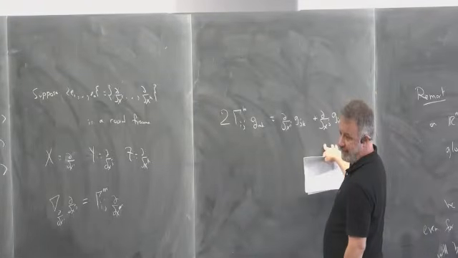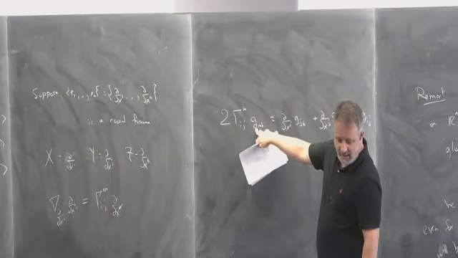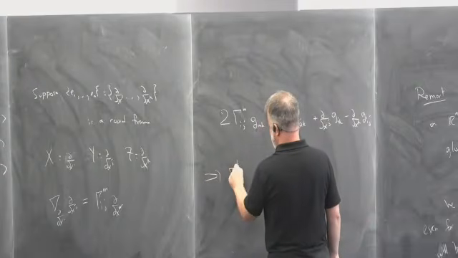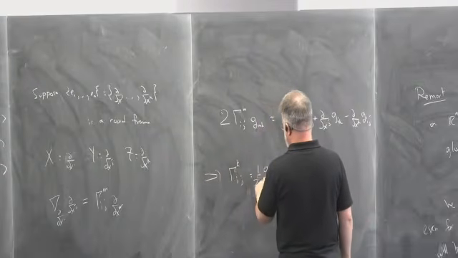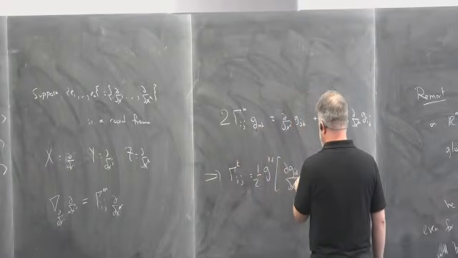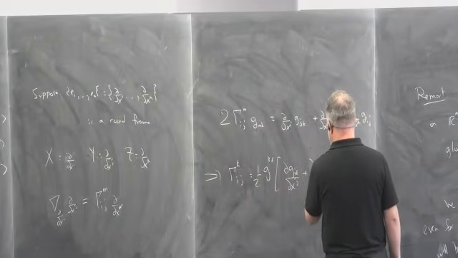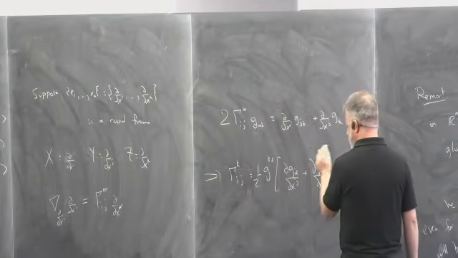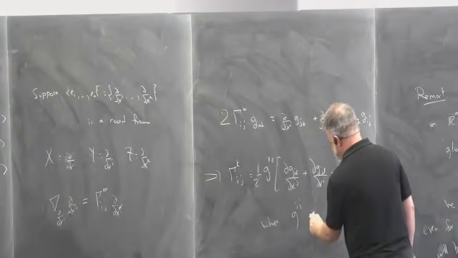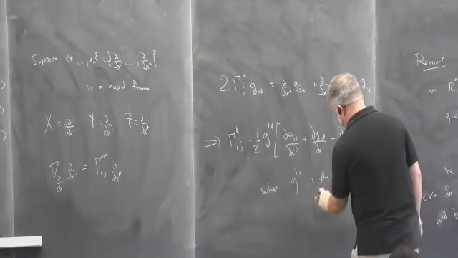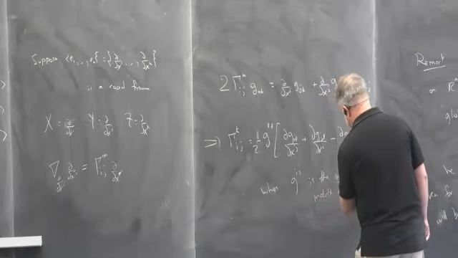Okay, and from here you can solve for the gammas because this is an invertible matrix. It's a positive definite matrix. So you end up getting gamma^k_ij is 1/2 g^kl (dg_il/dxj plus dg_jl/dxi minus dg_ij/dxl), where g^ij, upper ij, is the inverse matrix of little g_ij.